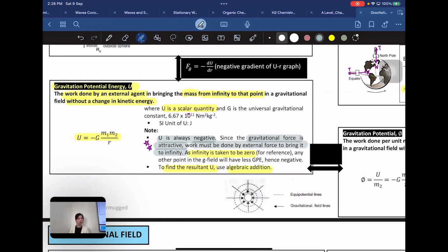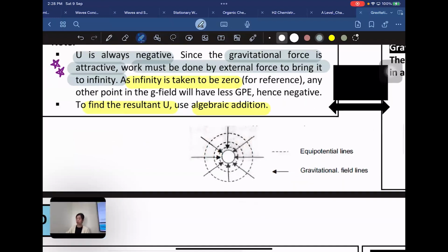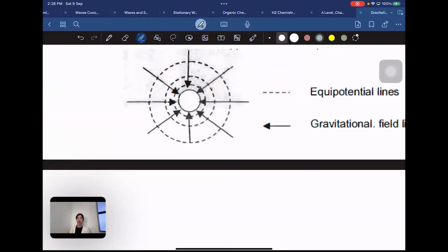Okay? So diagram-wise, how do we represent gravitational potential energy? If you guys take a look at this upgraded diagram, you will see I have my massive celestial body here. Then there are the field lines. Field lines always point perpendicular to the massive object. Then you realize my potential lines are the lines that are perpendicular to the field lines.